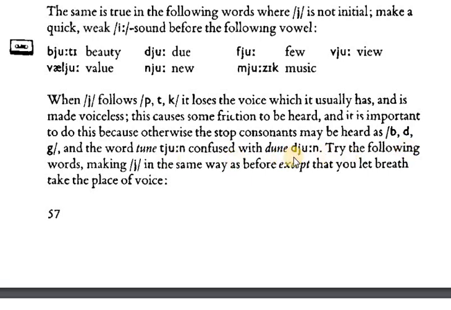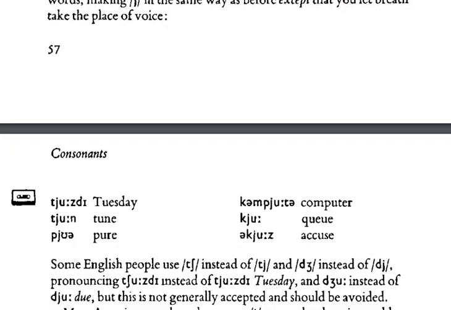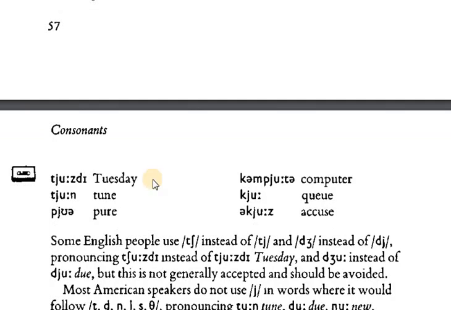For example, try the following words, making ye in the same way as before, except that you let breath take the place of voice. In the same way, but in this case the sound ye will be voiceless. The words are: cue, Tuesday, tune, pure, computer, cue, accuse.